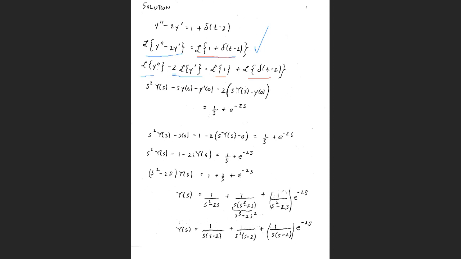Okay, so the Laplace transform of the second derivative of y is equal to s squared times big Y of s minus s times y of 0 minus y prime of 0. The Laplace transform of 2 times y prime would be equal to 2 times the Laplace transform of the derivative, which is just s times big Y of s minus y of 0.